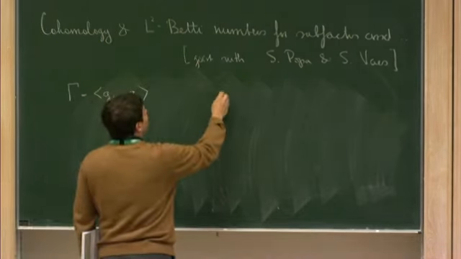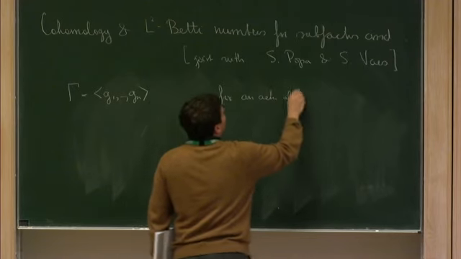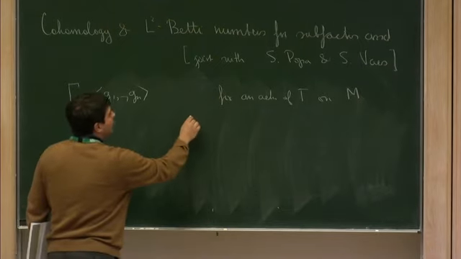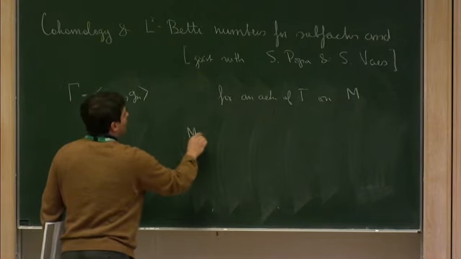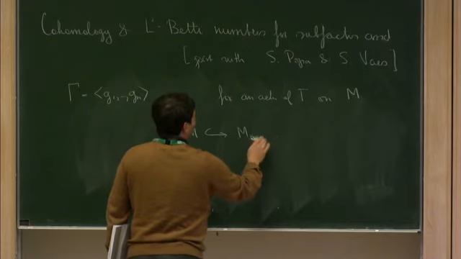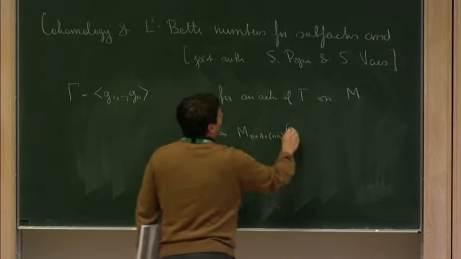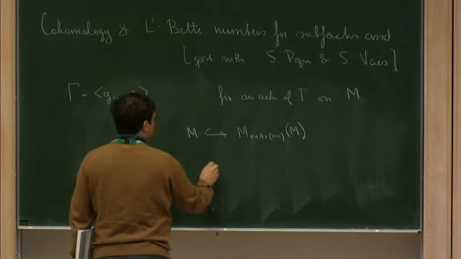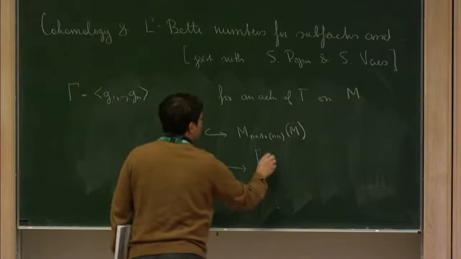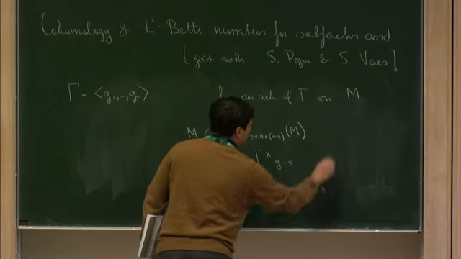You fix an action of gamma on some von Neumann algebra M, and then you look at the following embedding: M embedded into n plus 1 by n plus 1 matrices over M, by sending x to the matrix with x, then g1 acting on x, ..., gn acting on x.